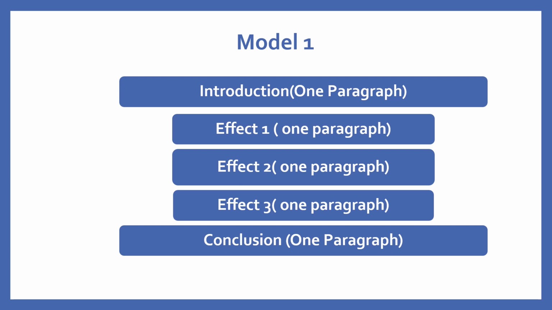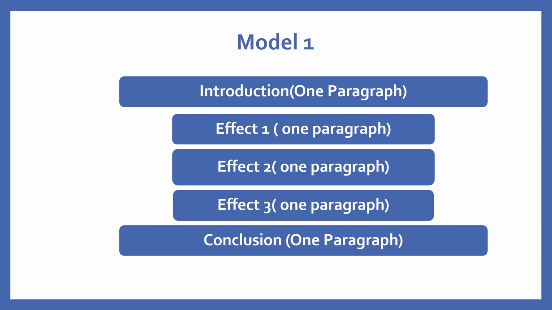We have effect 1: we discuss one effect in one paragraph, one effect in the second paragraph, and one effect in the third paragraph. Then we end up with the conclusion. Which means this essay, or this article, is only about effects of a certain phenomenon.